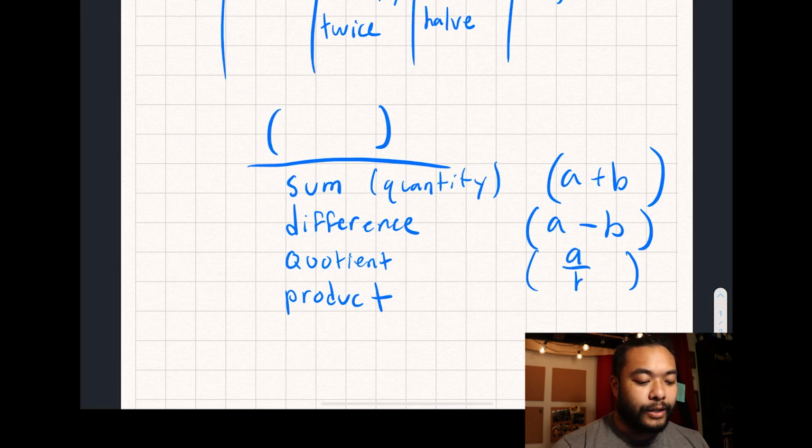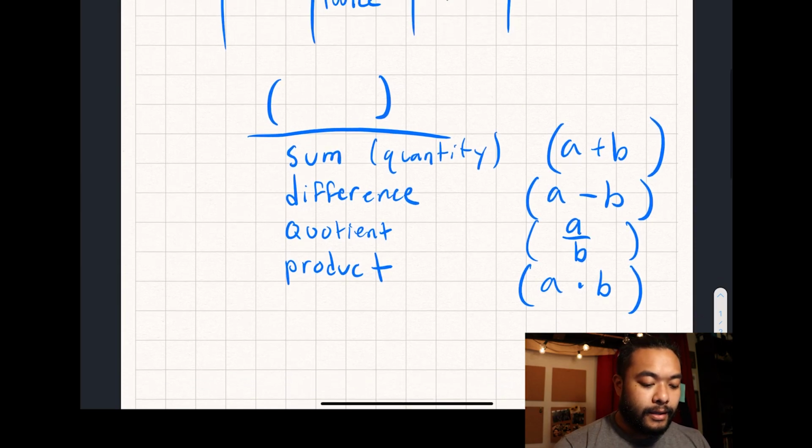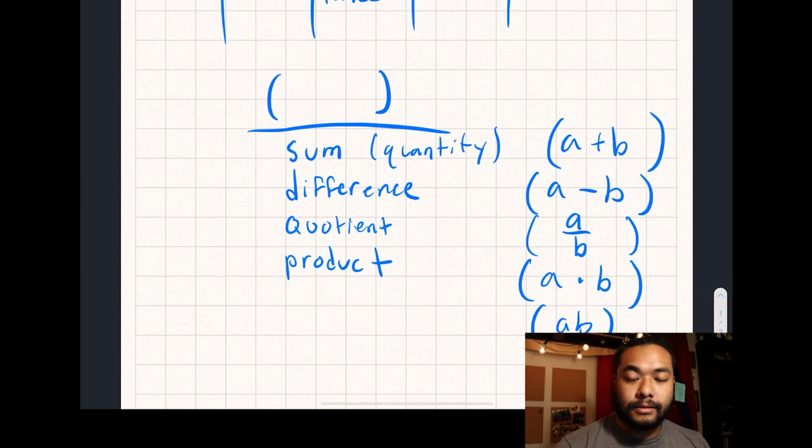Division is the one where we usually see fraction form once we get to high school. For product, we might see parentheses a times b, or just simply parentheses ab.